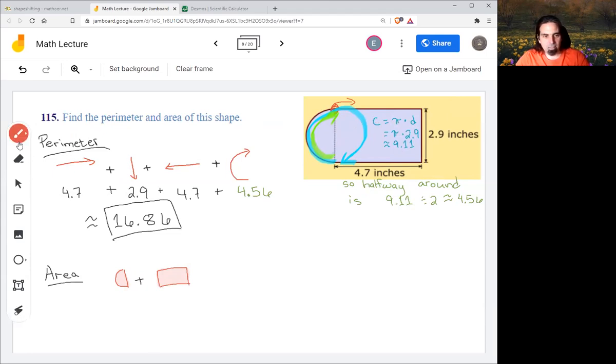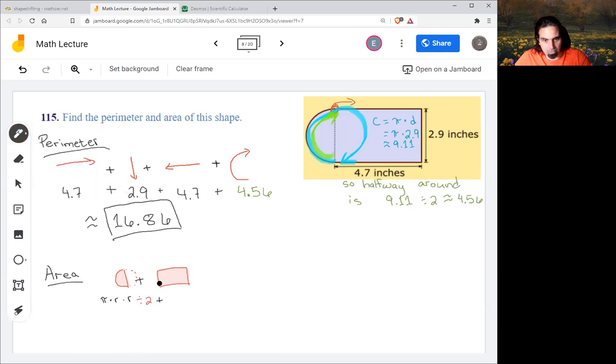So now I'm going to put in the formulas. So how do I get the area of a circle? Well, the area of a circle is pi times radius squared. And when I'm done with that, I'm going to do divided by 2 because I only have half of the circle.